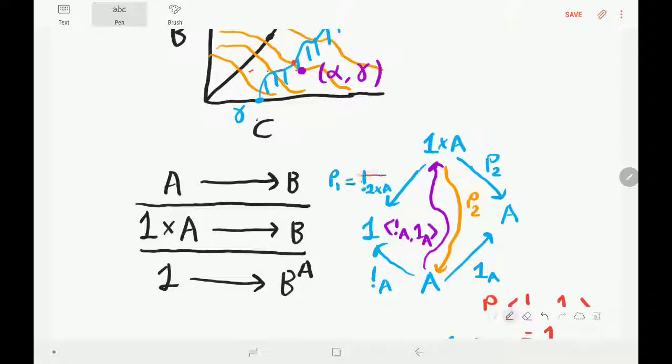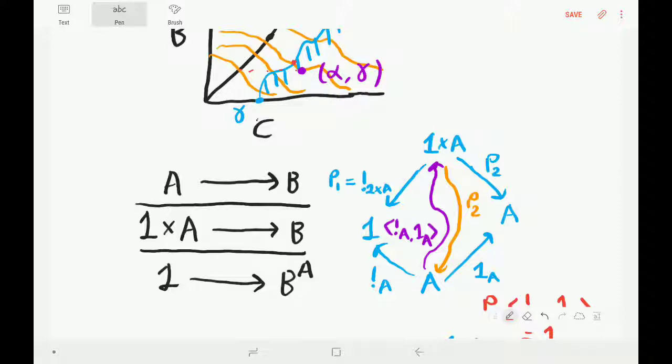Now we already know right off the bat that p1 has to be exclamation mark 1 times a, because 1 is a terminal object. There's only one arrow from 1 times a to 1. And as I say, we denote these arrows to the terminal object as an exclamation mark.